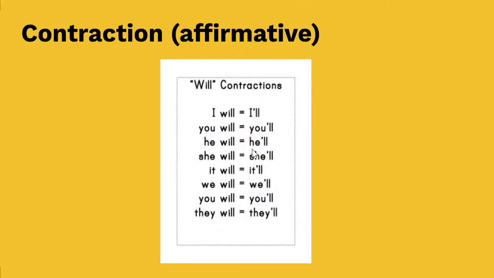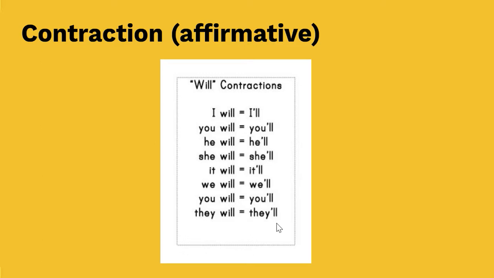And basically, that is the use of will in the structure and the special details that you have to take into account. As I told you, some of the sentences there, I have with a contraction. For all the subjects, as I told you, we use will. But the contraction uses an apostrophe and these letters. So I will, I'll, you will, you'll, he will, he'll, she will, she'll, it will, it'll, we will, we'll, you will, you'll, they will, they'll.